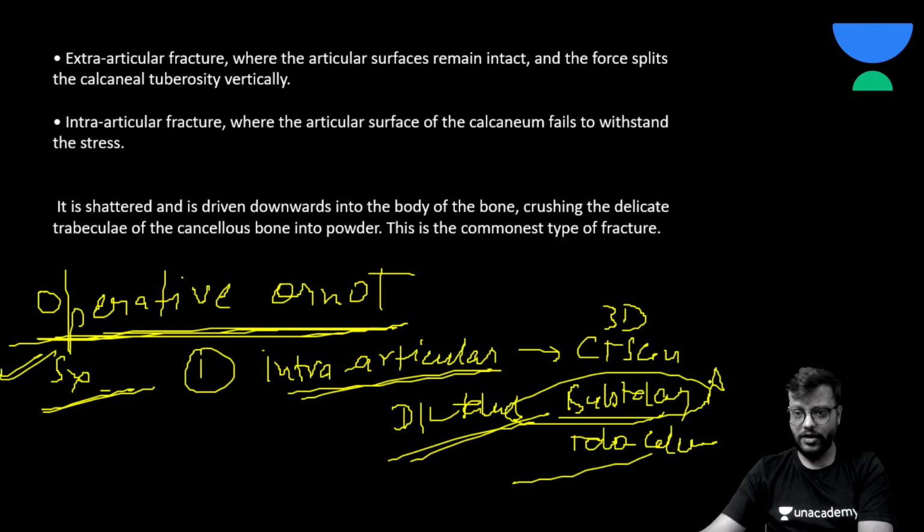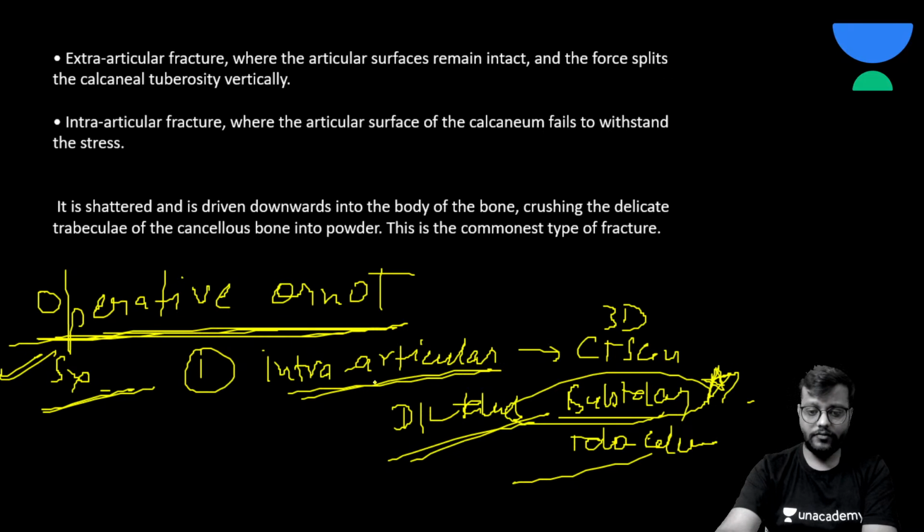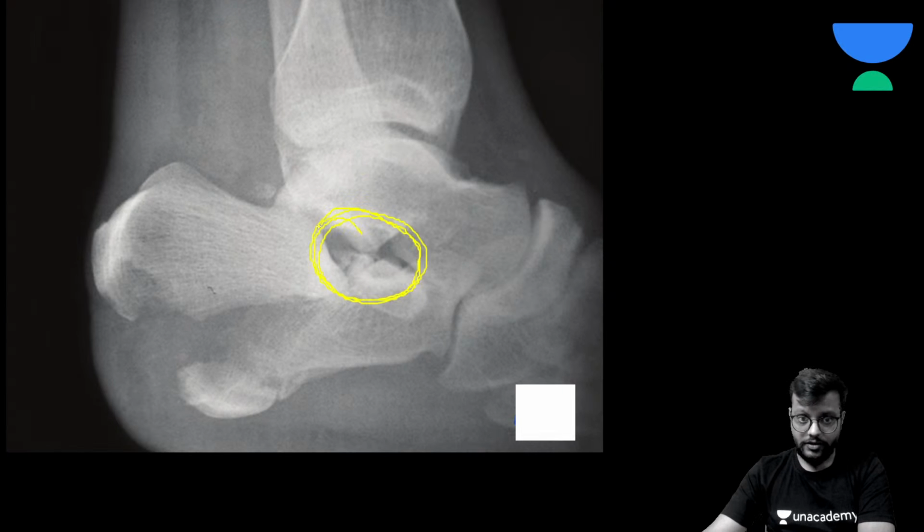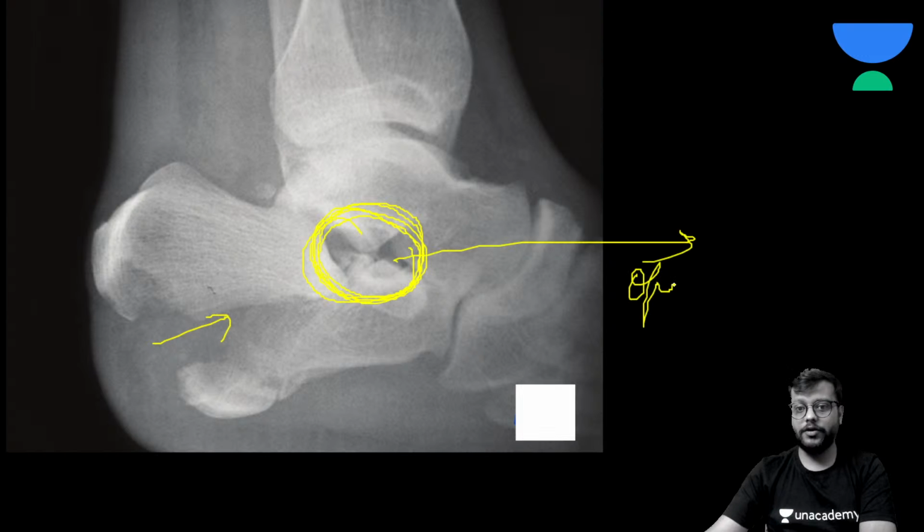Mostly the subtalar joint you have to see. Okay, see here, you can see there is dislocation, this is intra-articular, and there is fracture of the calcaneum, so this is operative.